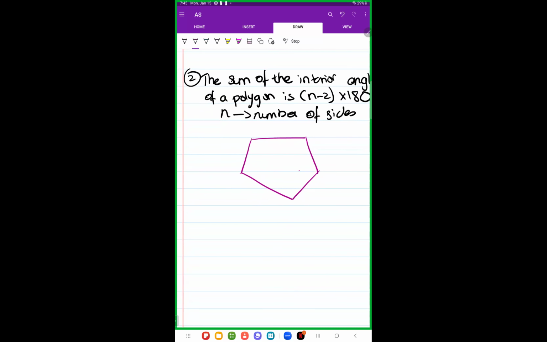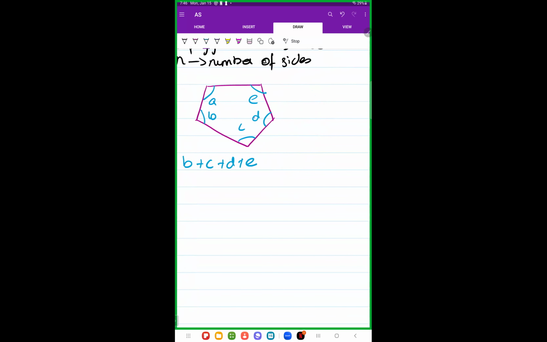Let's say I have a pentagon. The interior angles mean all the internal angles. These are all the interior angles, A, B, C, D, E. So A plus B plus C plus D plus E is n minus 2 into 180.